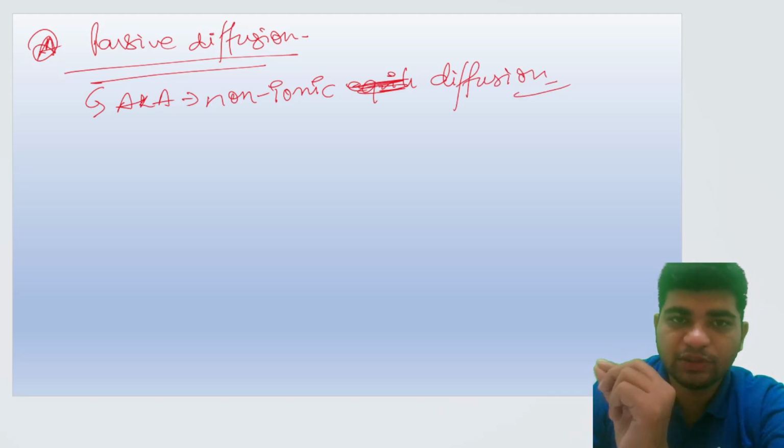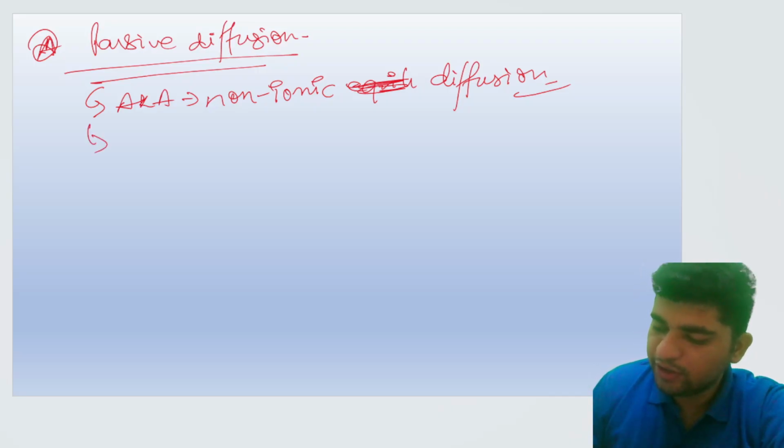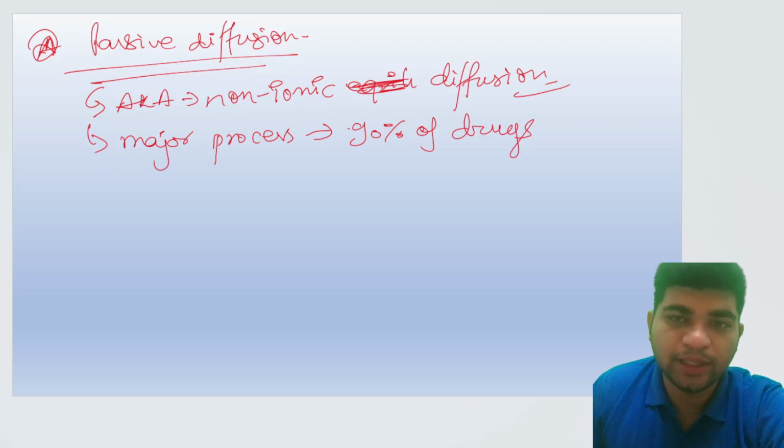Mark these points because the points which I am writing over here are very much important. It is one of the most major processes because 90% of drugs undergo the passive diffusion.